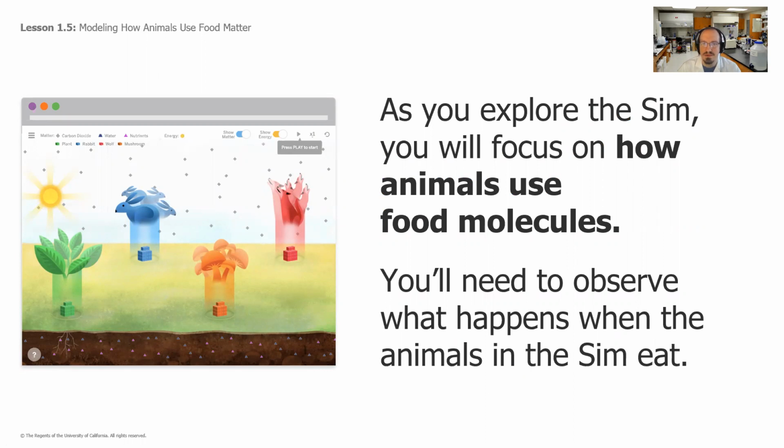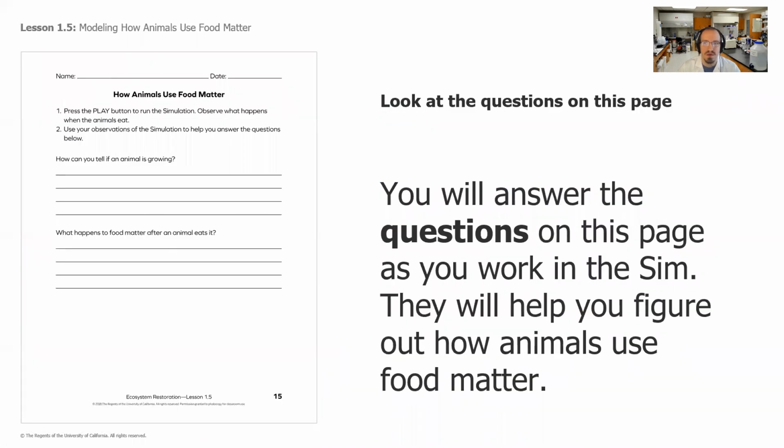As we explore the sim today, we're going to focus on how animals use those food molecules. So you'll need to observe what happens when the animals in the sim eat. We're going to take a quick look at the questions on this page. These are the first 2 questions that we're going to be answering today, other than that initial one we had. You're going to answer the questions on this page as we work through the sim, and they're going to help you figure out how animals use food matter.